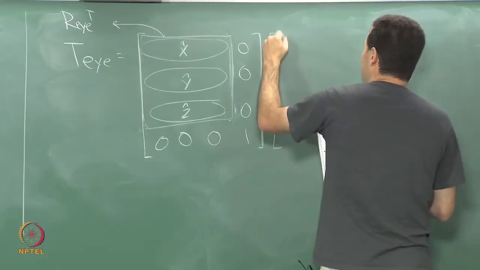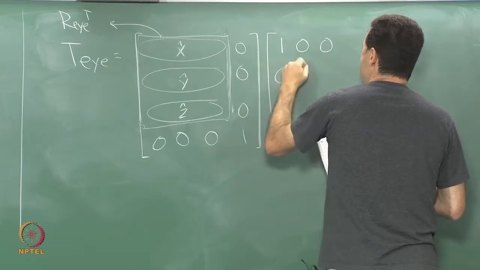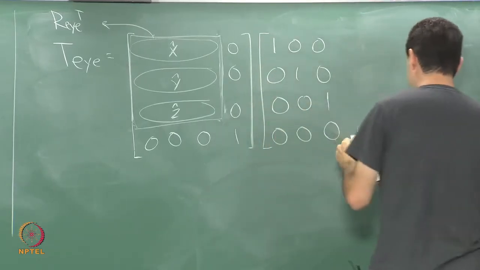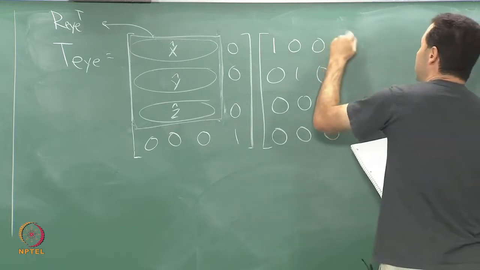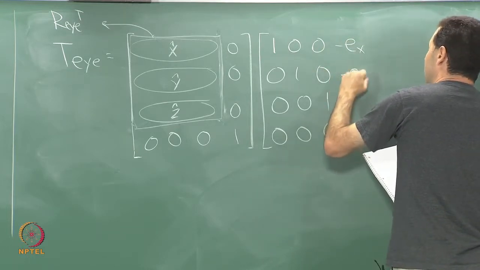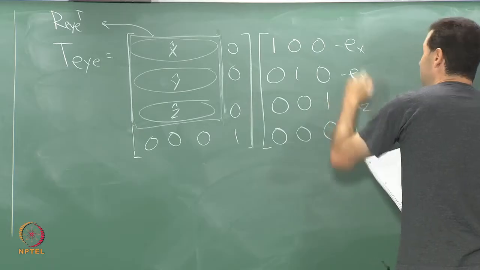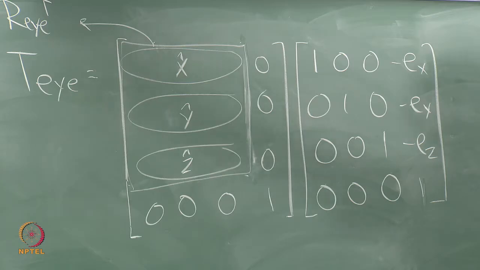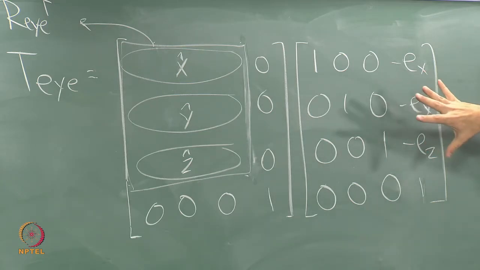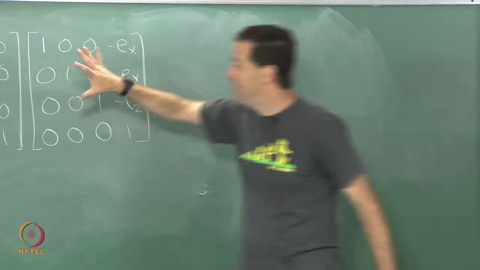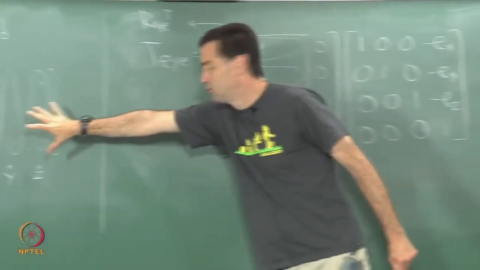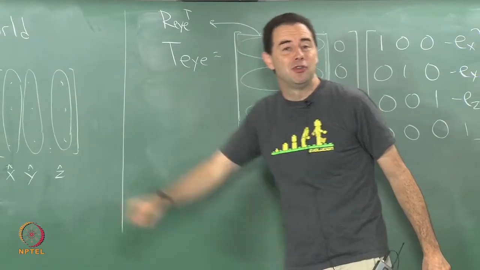And then I have the part undoing the translation, which should have my negative e coordinates here, negative ex, negative ey, and negative ez. Right. So I've inverted the placement of the eye. I undo the translation, which is this matrix here. It's on the right, so it gets applied first, and then I undo the rotation, which is the transpose of the rotation matrix that we built using the lookat.